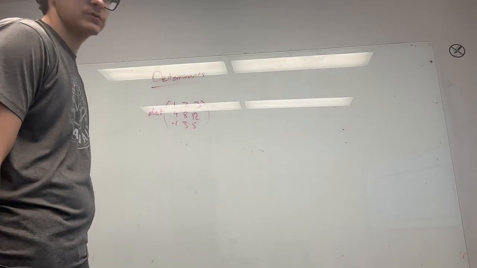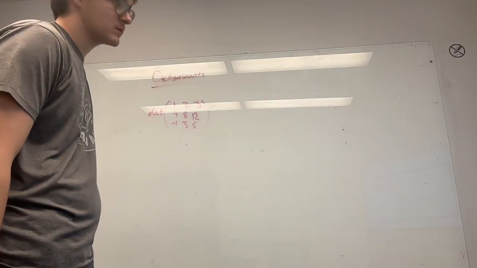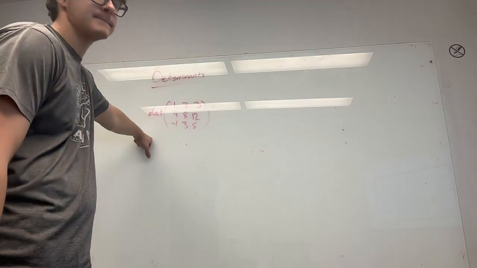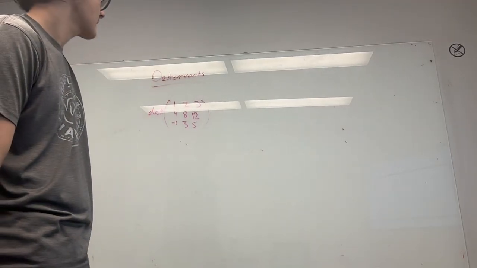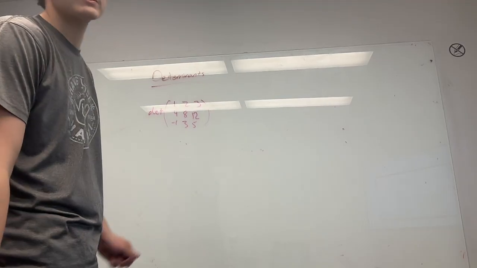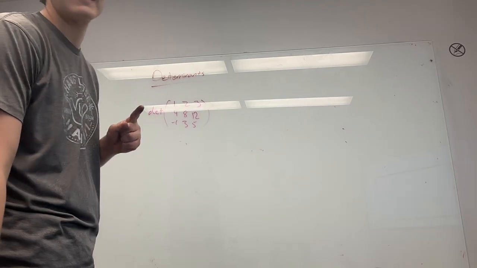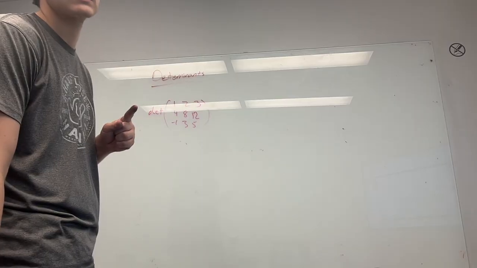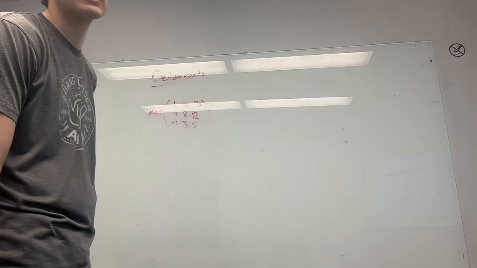What we could do is row reduce this matrix here, but the determinant changes when you row reduce it. If you row reduce by switching rows, that changes the determinant.